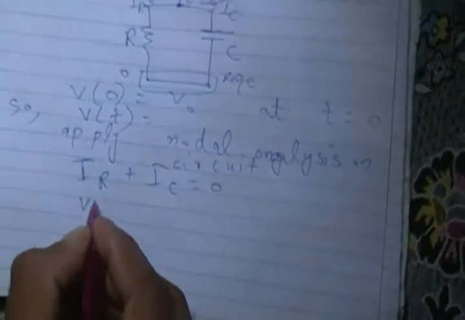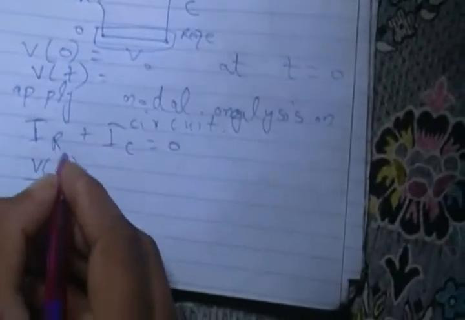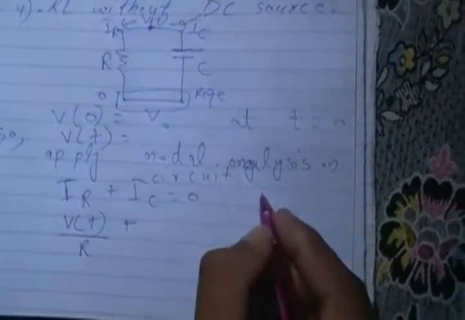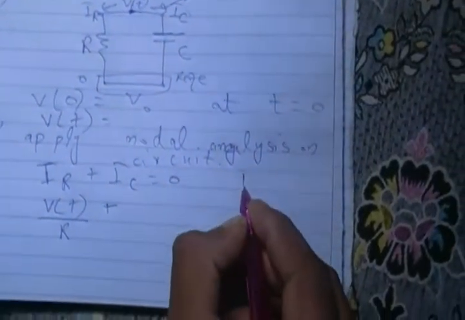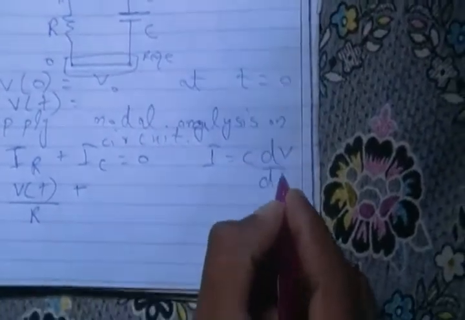IR, what is the value of IR? IR is V of t over R. By using Ohm's law we find this formula. And IC, the current of the capacitor, we have discussed already in the previous chapter: the formula for current of capacitor is I equals C dV over dt.